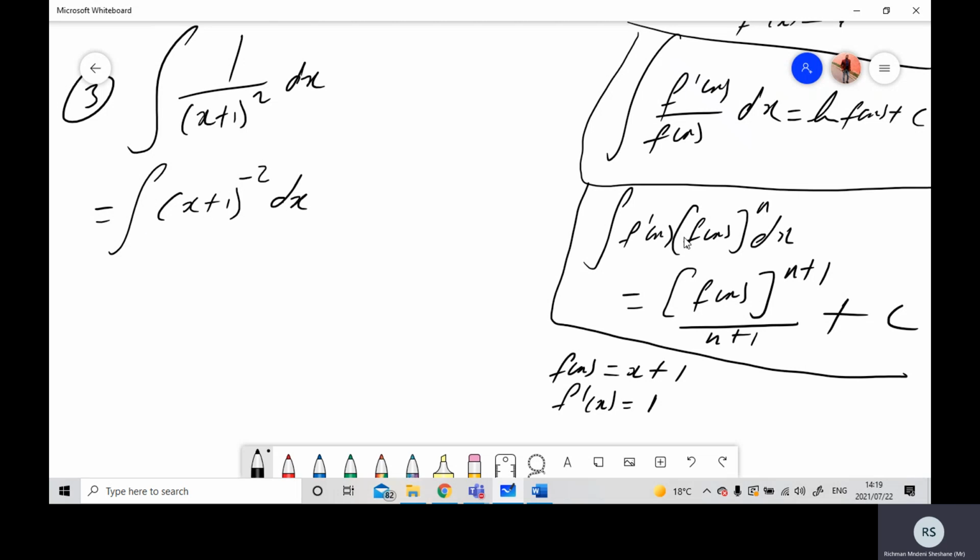The integral will be f of x, which is x plus 1, to the power of n plus 1, which is minus 2 plus 1 equals minus 1, divided by n plus 1, which is minus 1.